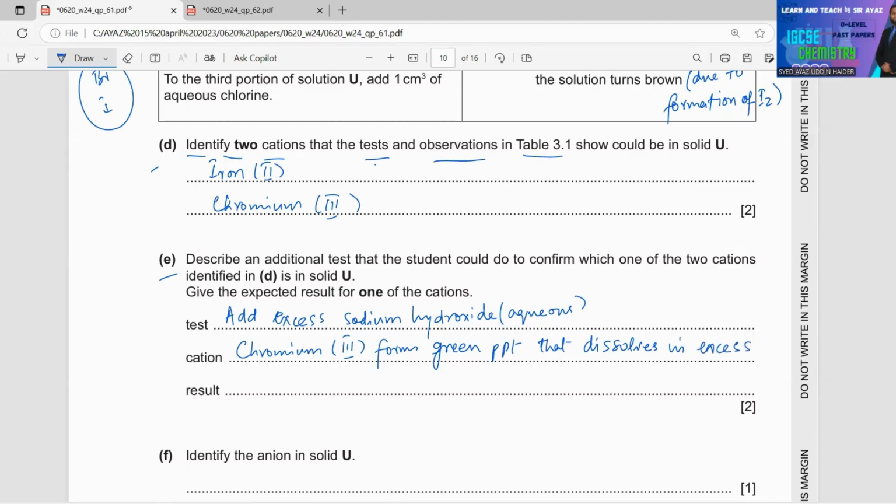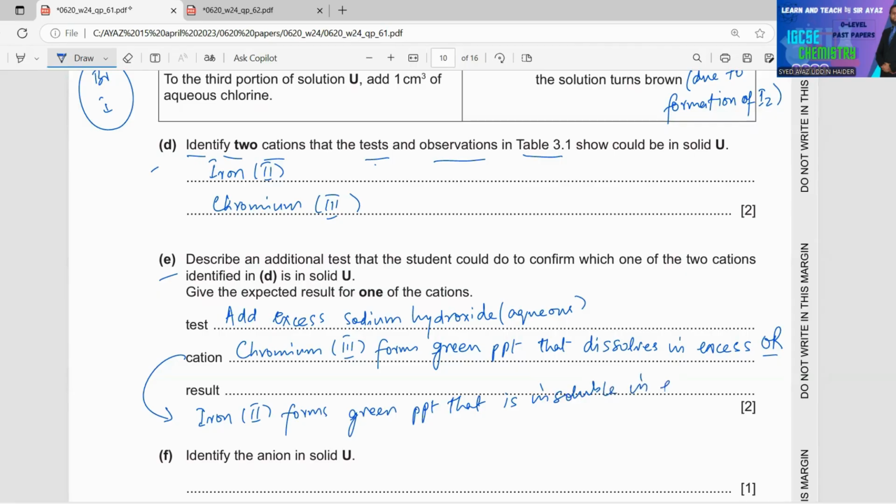Or if you want, you can even write for Fe2+, that is iron 2 forms green precipitate that is insoluble.